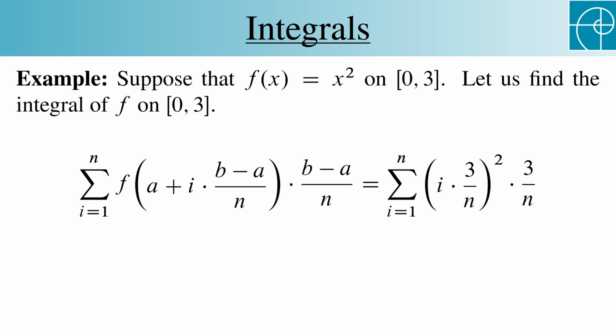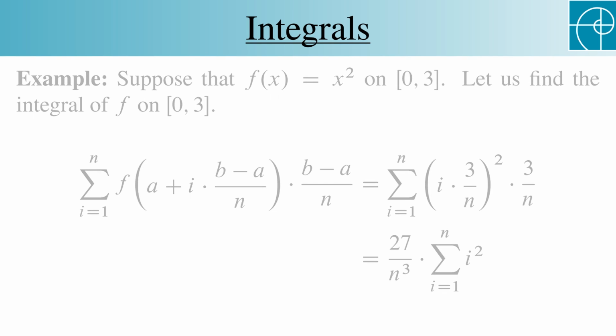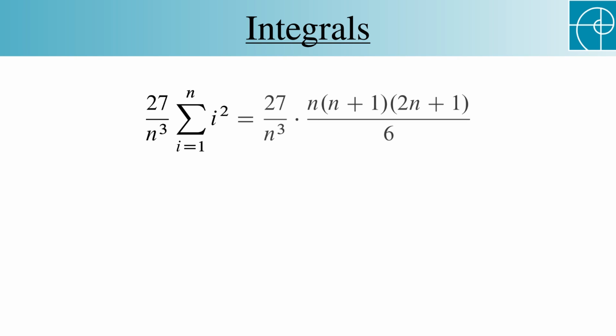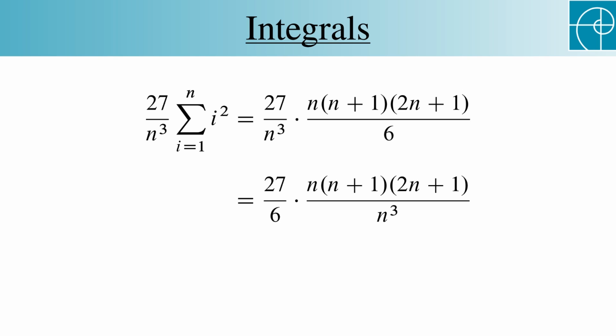So the sum becomes 27 over n cubed times the sum from i equals 1 to n of i squared. We have a nice formula for that, so we can write this without a sigma. Let's also switch the places of the terms in the denominators. This doesn't make a mathematical difference, but it's nice to group all of the terms involving n in one place.